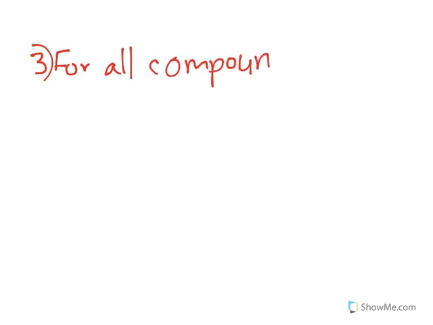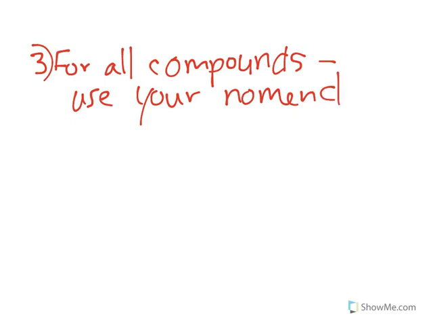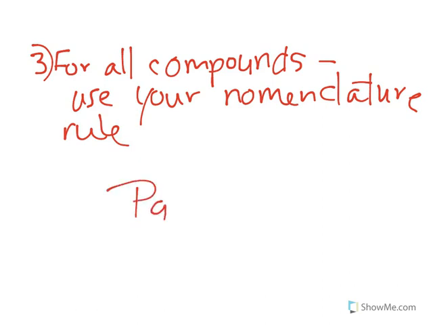And then the third rule is for all compounds, you're going to use your nomenclature rules. Your flowchart that we made in class, page 9 of your notebook, and then also page 17 for the acids.